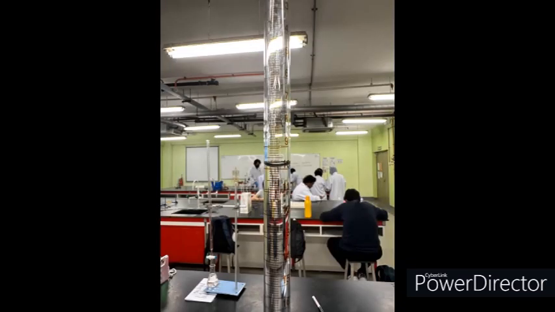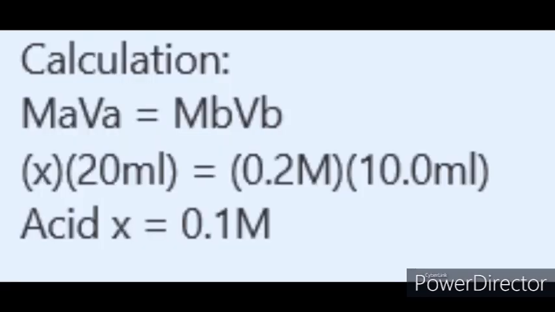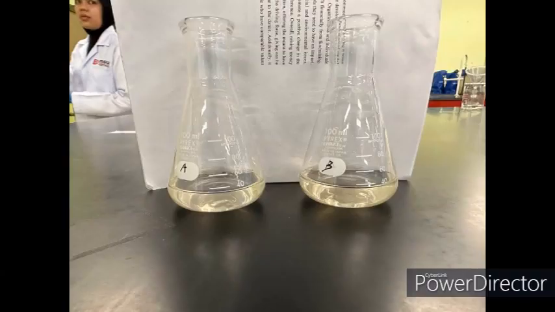Lastly, the burette reading shows 10 ml. By applying the same formula MAVA equals MBVB, the molarity of conical flask B was 0.1 molarity. And this is the result picture where we can clearly see both conical flasks undergo a color change from light pink to colorless after the titration process.